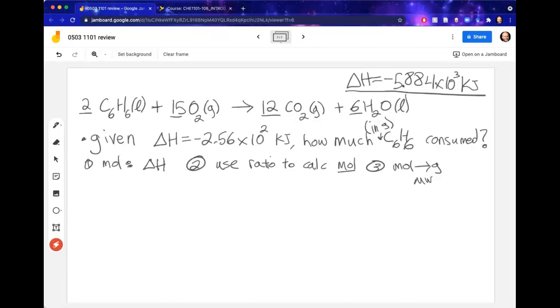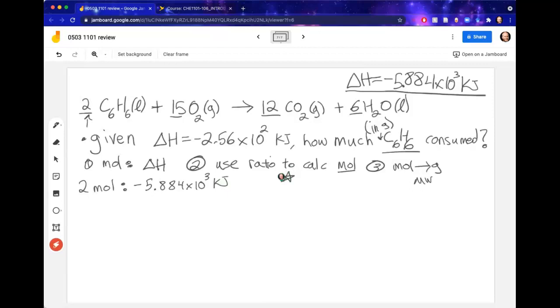And that's going to be proportional to 2 moles of benzene, since the question is asking us about C6H6. So the first piece of information that we have is that 2 moles of benzene is proportional to negative 5.884 times 10 to the 3 kilojoules.